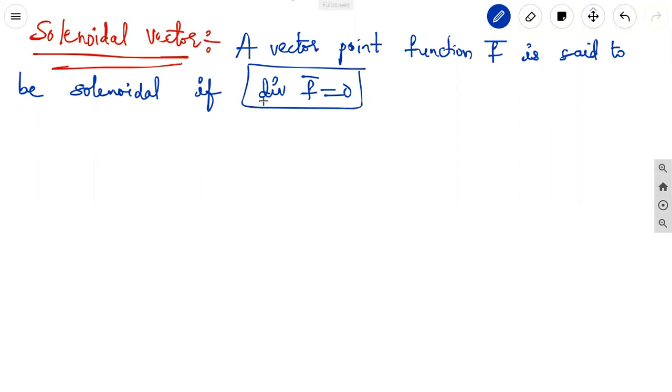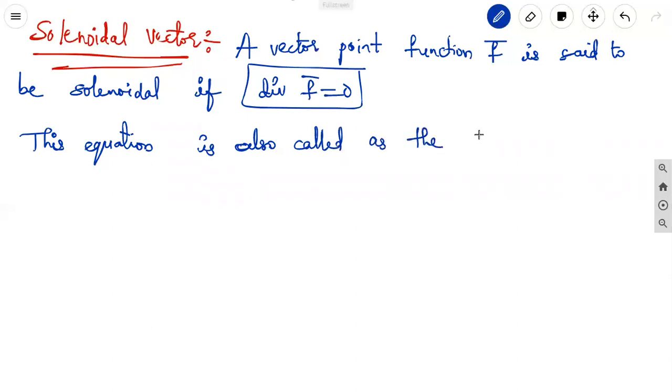Here, this equation, div f vector equal to 0, is said to be the continuity equation, or the equation of continuity, or conservation of mass. This equation is also called the equation of continuity or conservation of mass.